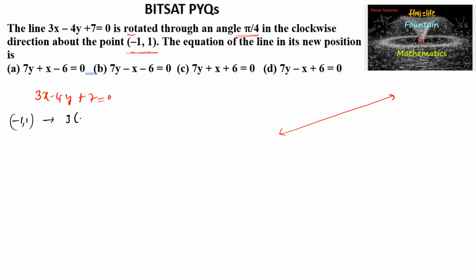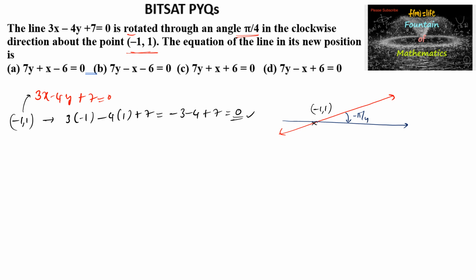So 3 times negative 1 minus 4 times 1 plus 7 is equal to minus 3 minus 4 plus 7, which is 0. So we can say that (minus 1, 1) satisfies, which is on the line. And now this line is rotated through an angle of pi by 4 in the clockwise direction, in the negative direction. So we can say minus pi by 4.